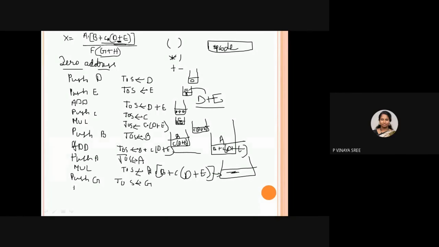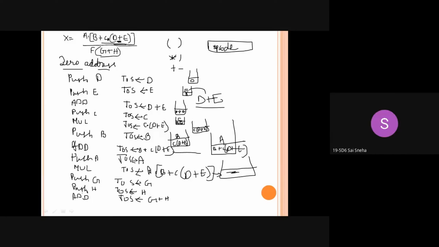Next push H, so that the top of the stack will be H. Next, in between, what operator we have? Addition. So perform add, so that we'll be having top of the stack. I'm not representing the diagram, but you need to represent. So G plus H.